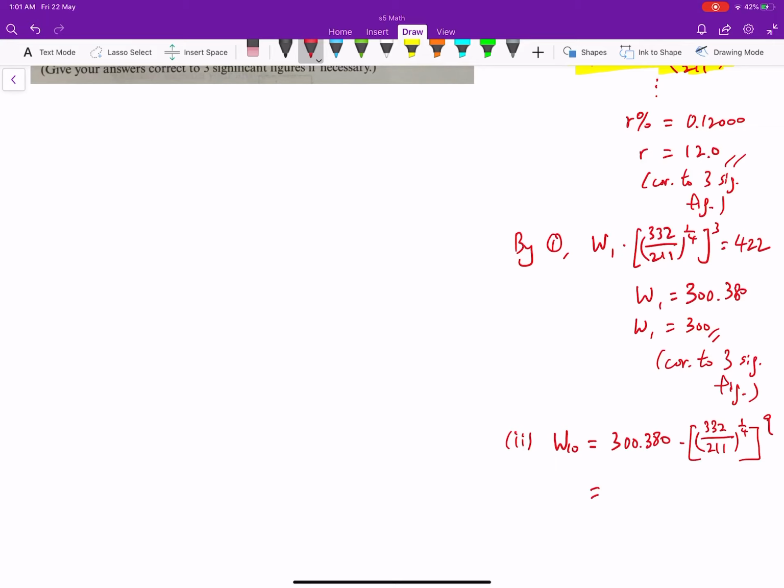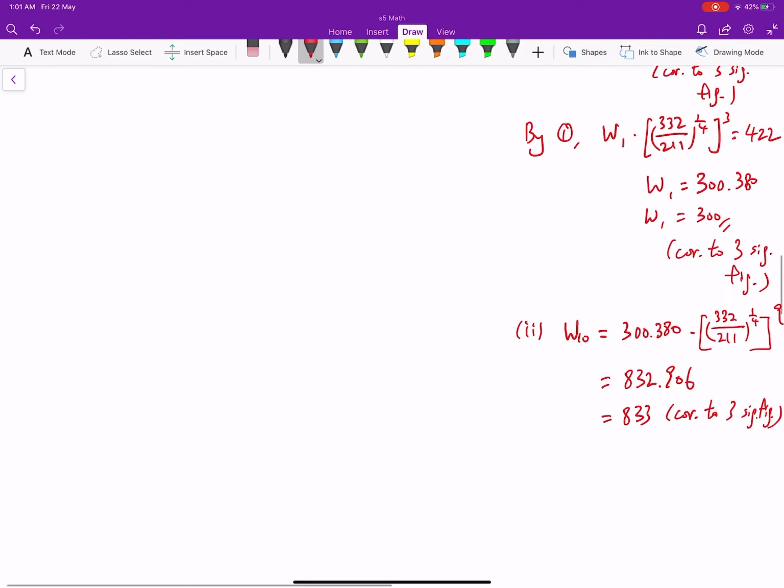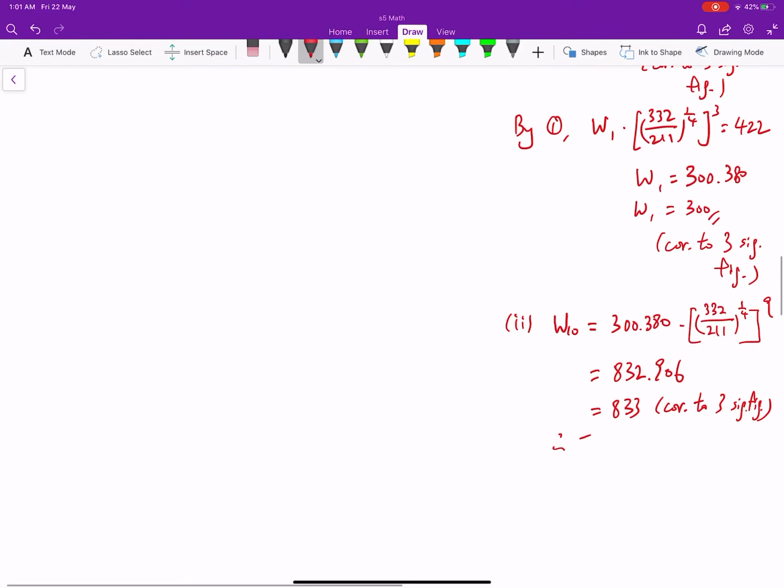And then by calculator, you can find this is 833, correct to 3 significant figures. So finally, give the conclusion. So the required weight is 833 kg. Don't forget the unit.